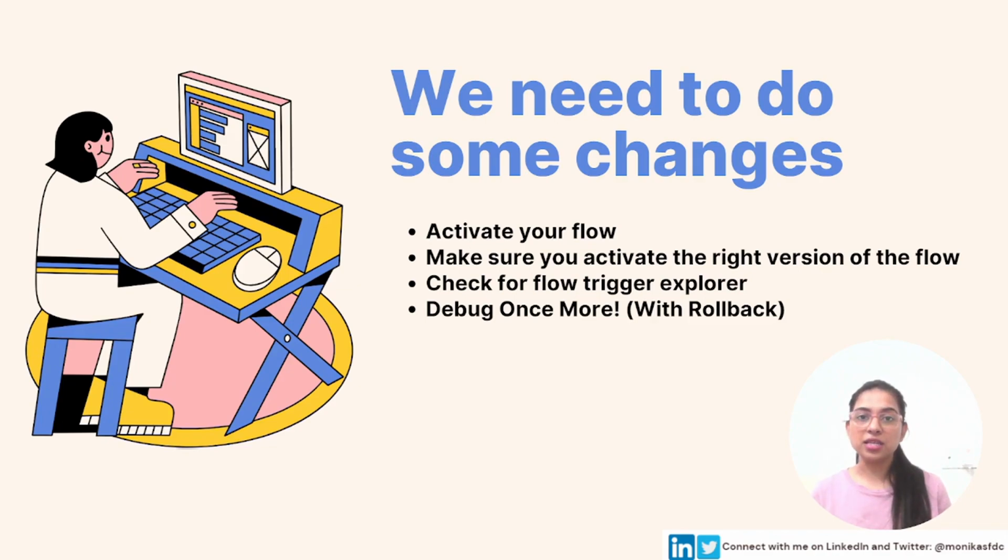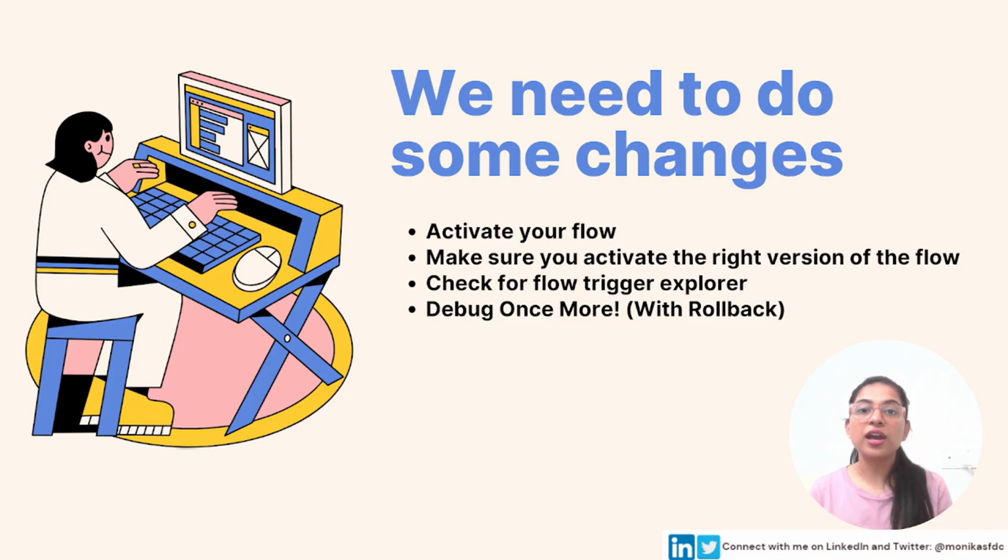Second point, make sure you activate the right version of the flow. When you deploy your flow using GitLab or GitHub or Salesforce CLI, we deploy a particular version of a flow. When we deploy our changes through VS Code, we deploy the XML file and a particular version of the flow which is activated in our sandbox, right?